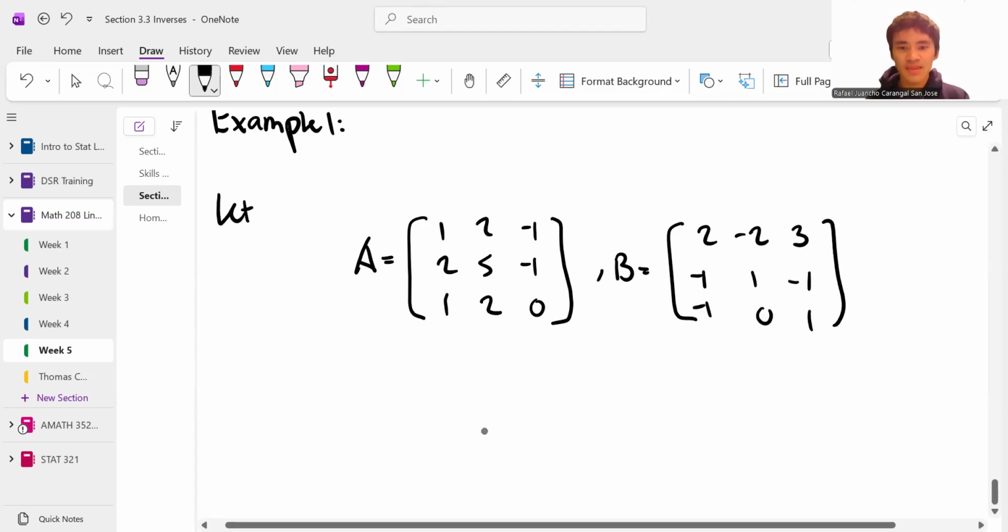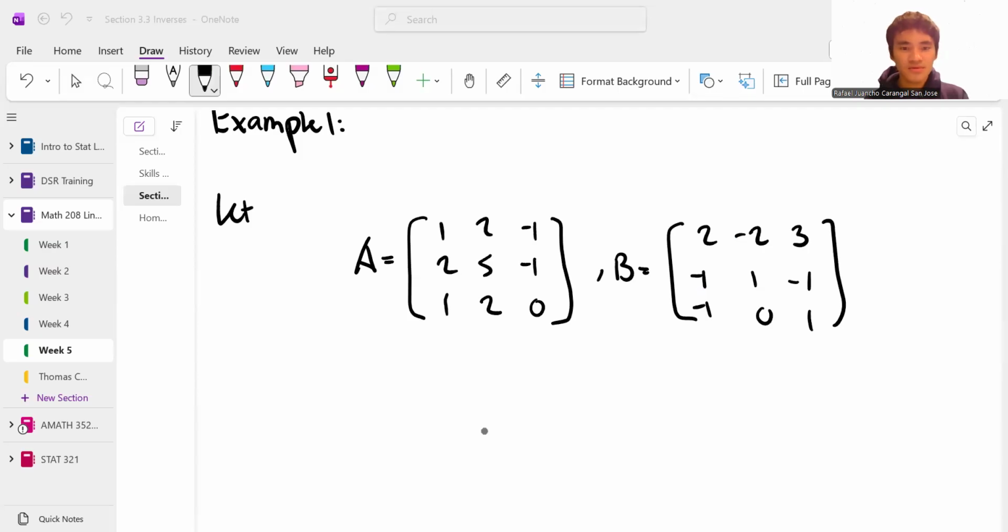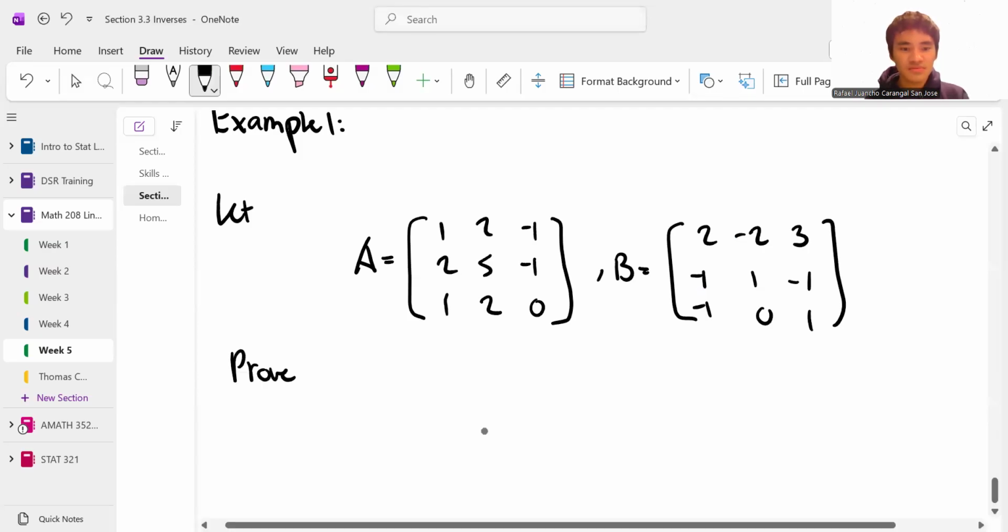Okay. We're going to prove A is invertible by showing that when we multiply AB, it's going to be the identity matrix.